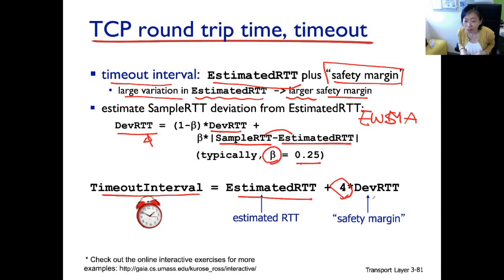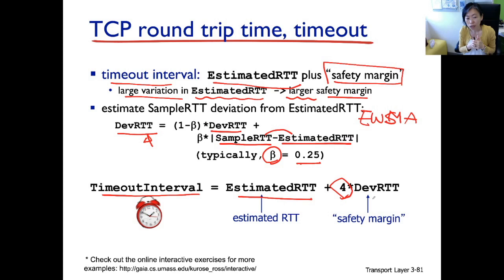So adding 4 times the standard deviation is to cover way more than 99%. Okay, so this is also saying what? TCP is setting the timeout interval such that it covers 99.9 something% of the RTTs. So we are very safe.